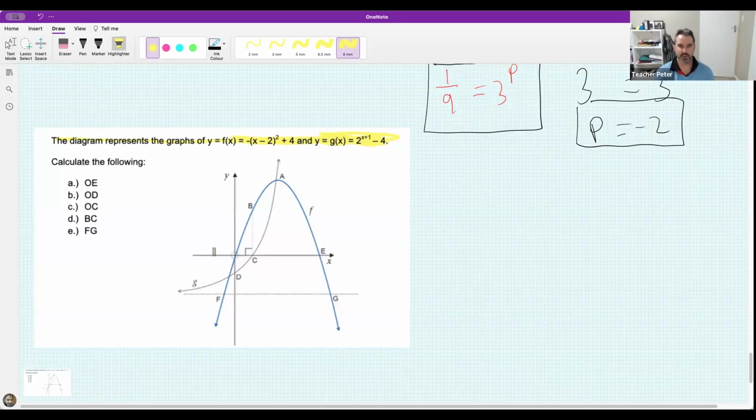Parabola and exponential, absolutely perfect. This is the parabola, that's the exponential. Okay, I want you to find me OE, which is this distance here, and I also want you to find me OD, which is this distance over here. So go ahead and find those two using the equations that are on the screen.